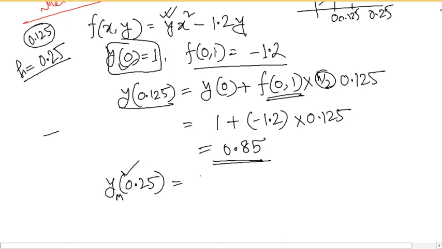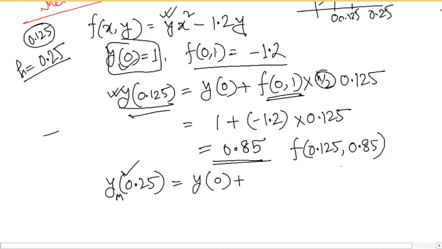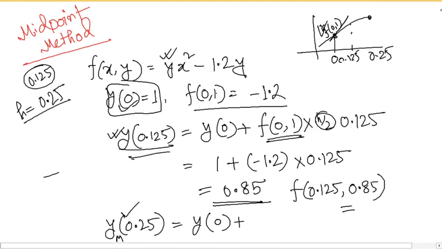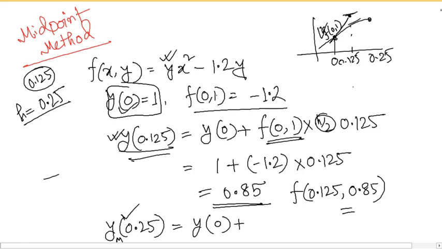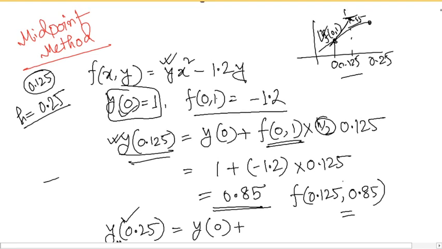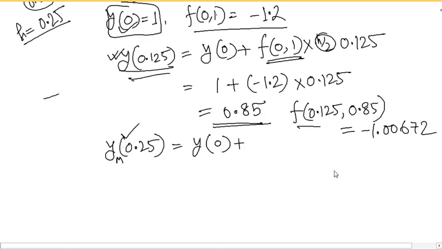We should also calculate the slope at the midpoint, which we haven't calculated yet. That means f of 0.125 comma 0.85, where 0.125 is x and the y value we have obtained is 0.85. Putting these values in this equation, it will become minus 1.00672.